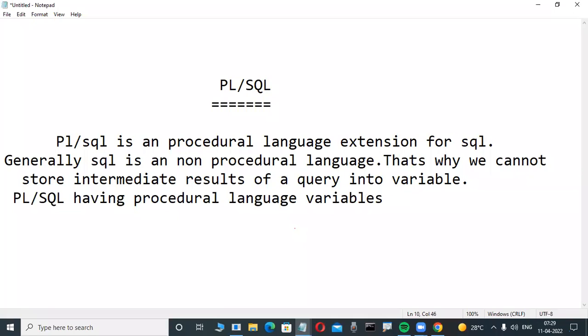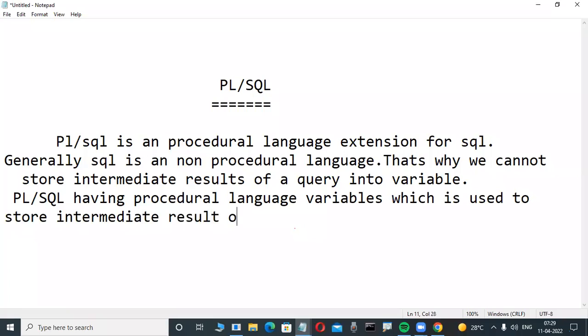Which are used to store the intermediate result of a query into variables for later use.